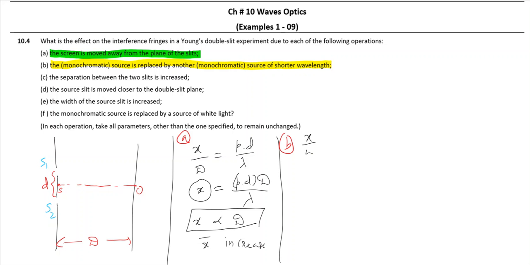X by D is equal to path difference by lambda. So capital D and path difference are constant. So X is, sorry, I'm making one mistake here. It's not lambda, it is small d here.